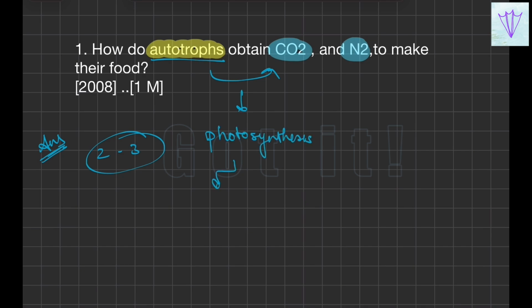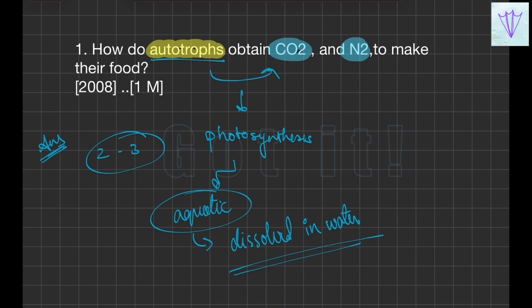If you have to speak about aquatic autotrophs, that is the autotrophs which are in water, then it is due to the CO2 dissolved in water. CO2 will be in the water itself for the aquatic autotrophs. When we are speaking about general autotrophs, we can say that it is obtained through photosynthesis.